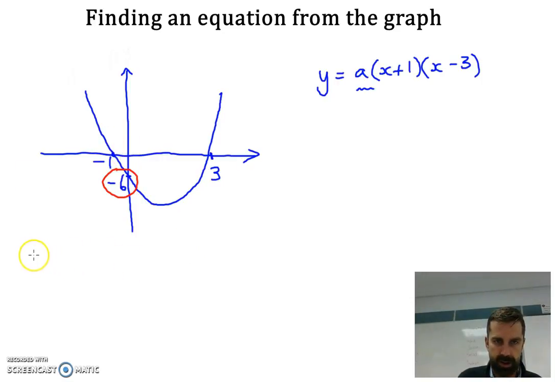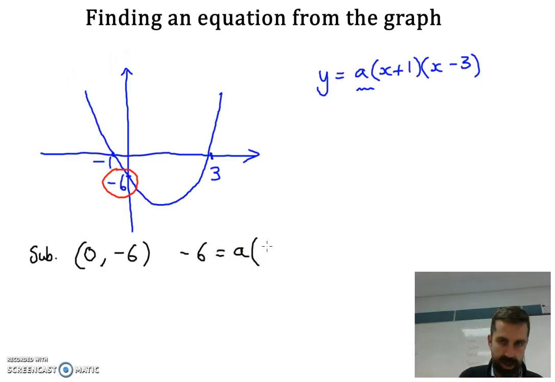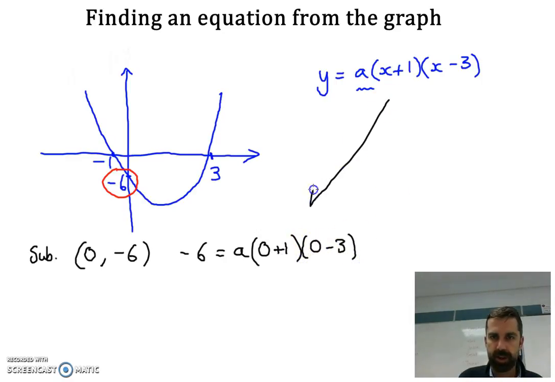So to do that, I'm just going to substitute 0, -6, which is that point there. So y is going to become -6. Still got my a. X is going to become 0. So I've just taken this equation and I've substituted in these two coordinates. Now all I'm going to do is rearrange it to figure out what a is.